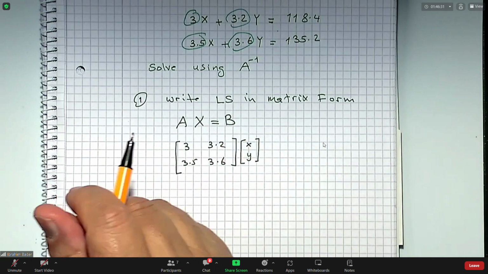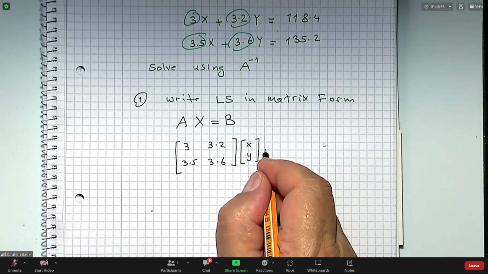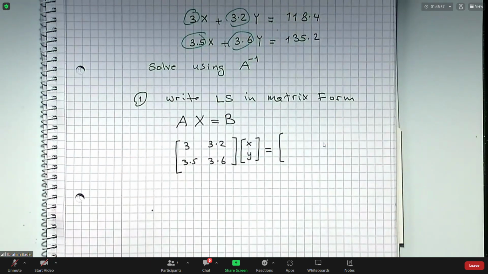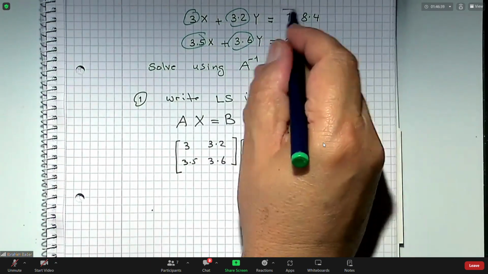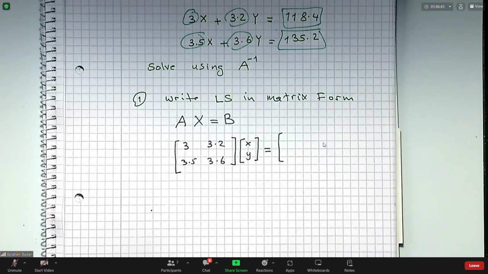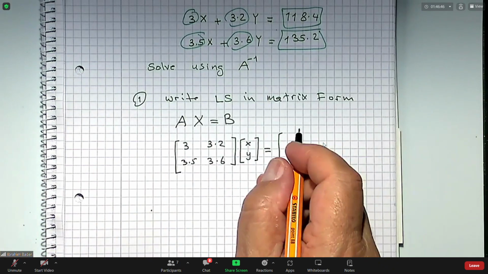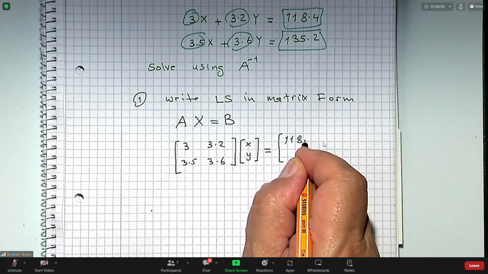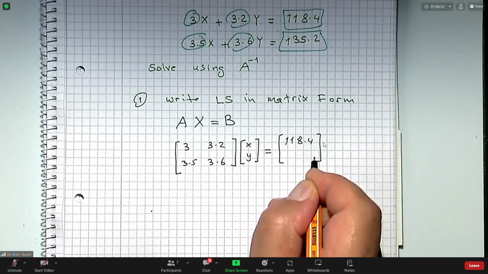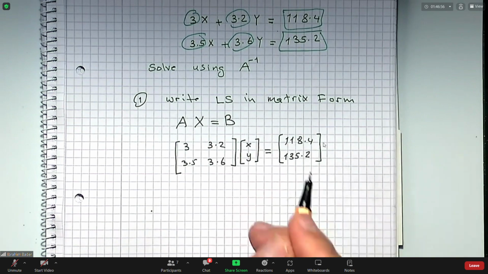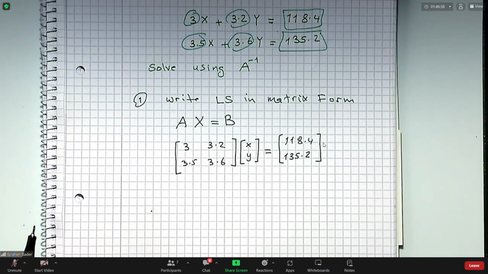And B is just the right-hand side, which is these two numbers in one column. This is how you transfer a linear system to the so-called matrix form. I think this is straightforward, and no one should be having difficulties with this step, I hope.